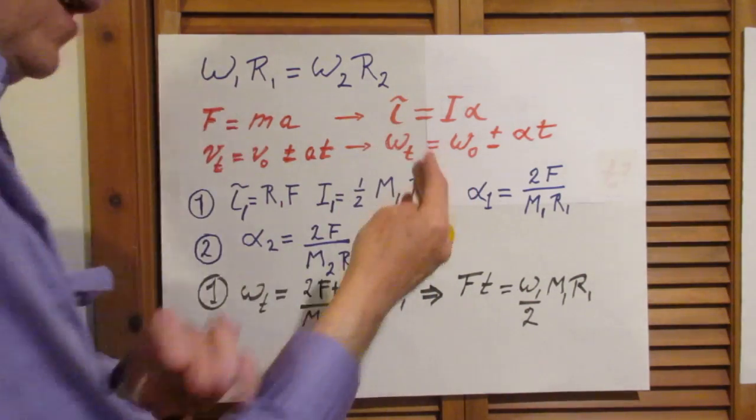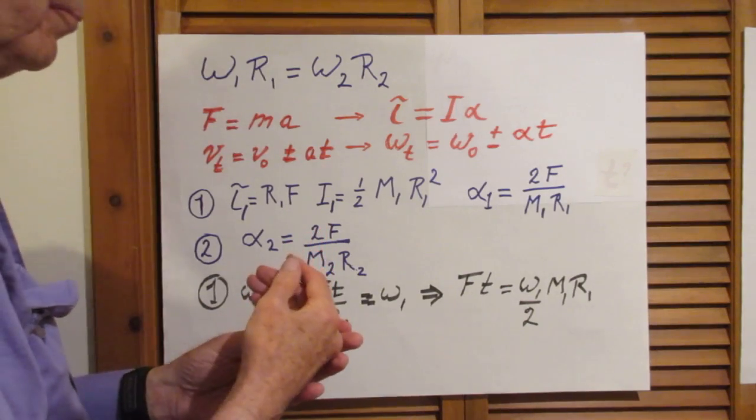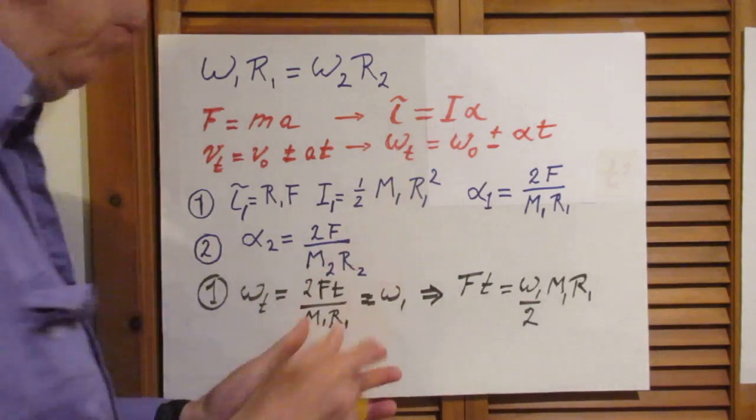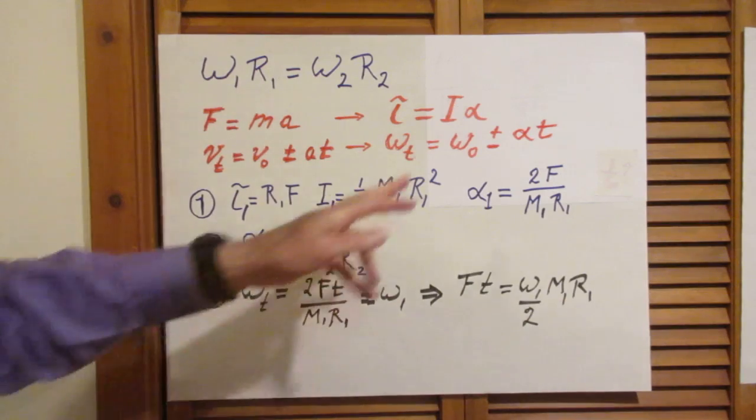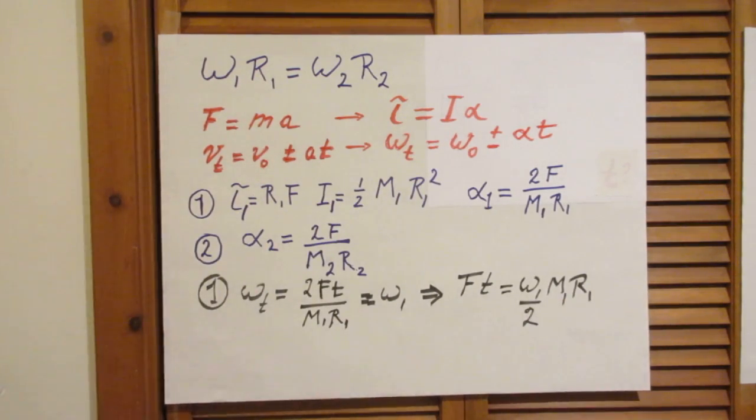We know that at time t equals 0, disk number 1 stands still. So omega 0 is 0 for disk number 1. We know that disk number 1 will spin up, and it will spin up in clockwise direction.